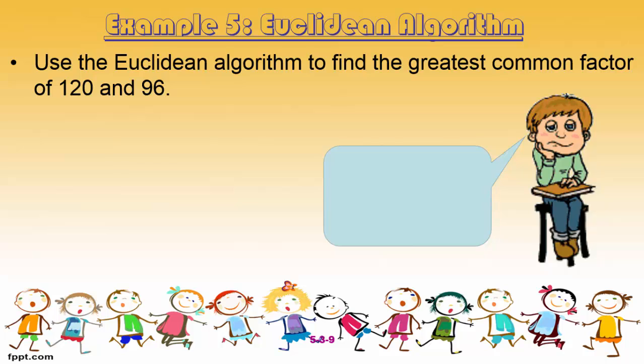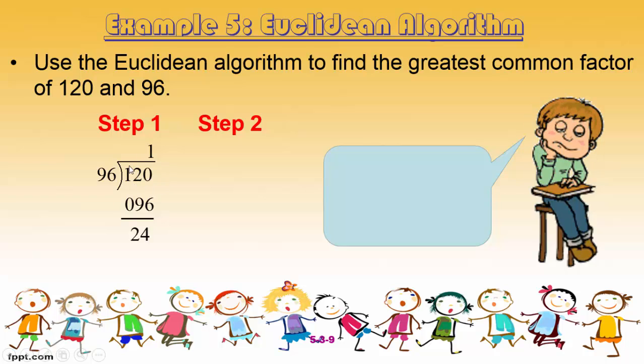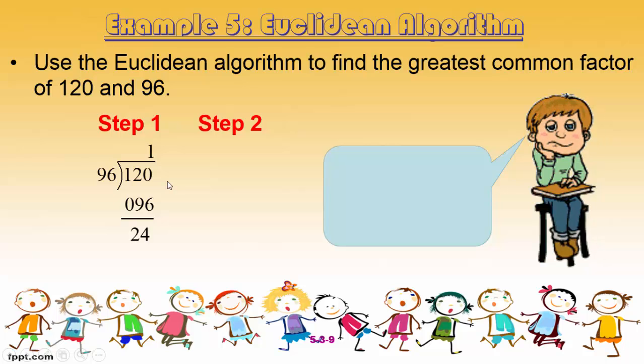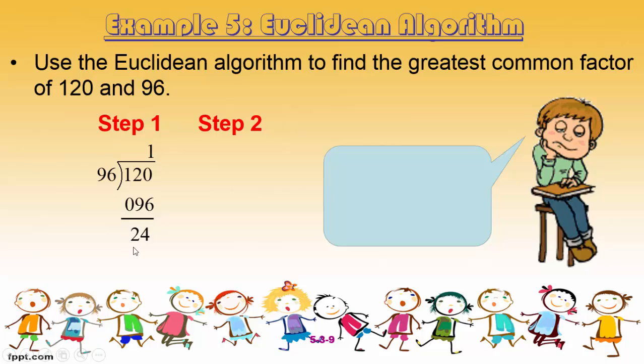Reviewing what I just did on the whiteboard, I first divided the smaller number into the larger number, in this case 96 into 120, and it went in one time, and I subtracted 96 from 120 and I got 24, and 24 was my remainder.